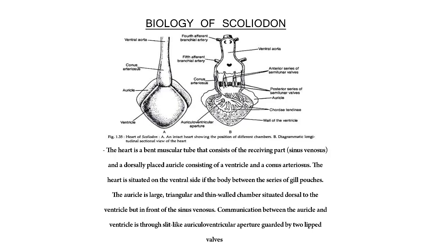Their heart is bent, and it is a muscular tube that consists of the receiving part, called the sinus venosus, and a dorsally placed auricle, a ventricle and a conus arteriosus. You can see from this image we have the conus arteriosus and the ventricle.